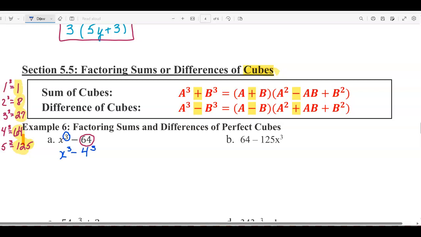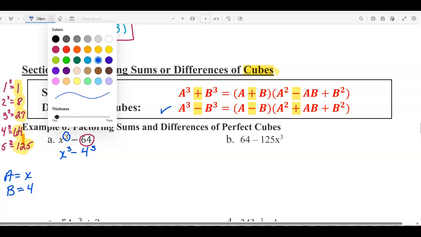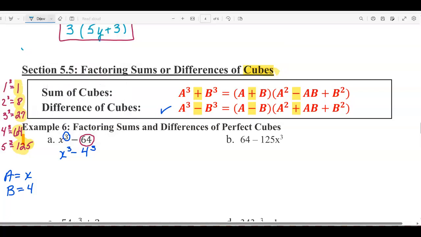I can actually even go as far to rewrite the problem if it helps. And when we do this, we can see that it is taking on the format of a cubed minus b cubed. Actually, I can go to the side and I could say, in this problem, my a is x and my b is 4. So now, if I follow this formula, I'm working on the a cubed minus b cubed because it's a negative. I can substitute all these values in to the formula. So following this formula, it says it should be a minus b.